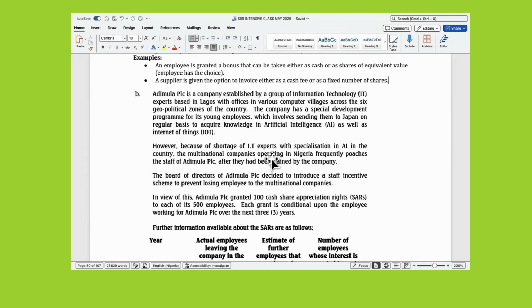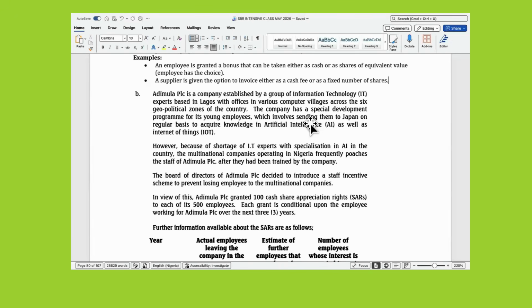The company has a special development program for its young employees, which involves sending them to Japan on a regular basis to acquire knowledge on AI as well as IoT. However, because of shortage of IT experts and with specialization in AI in the country, the multinational companies operating in Nigeria frequently poaches the staff of Adimola PLC after they had been trained by the company.